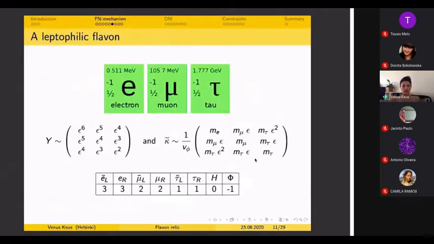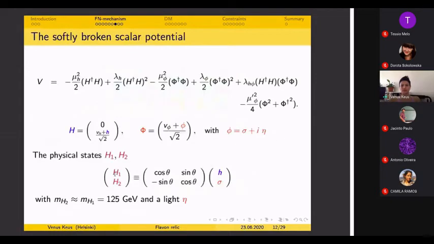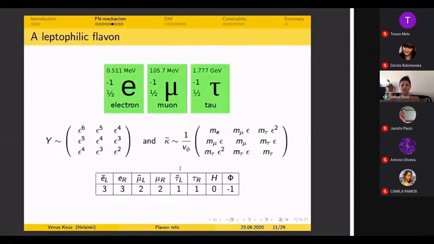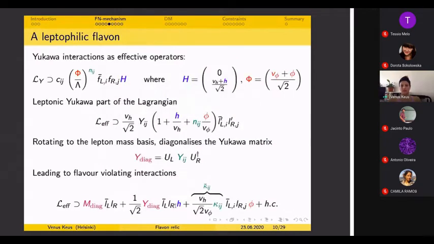Okay, so now having talked about these two states that mix with each other, you see that even though the gauge eigenstate H didn't have any charged lepton flavor violating processes or interactions, through having mixed with phi, which does have charged lepton flavor violating, or CLFV, interactions, H also inherits some of these interactions.